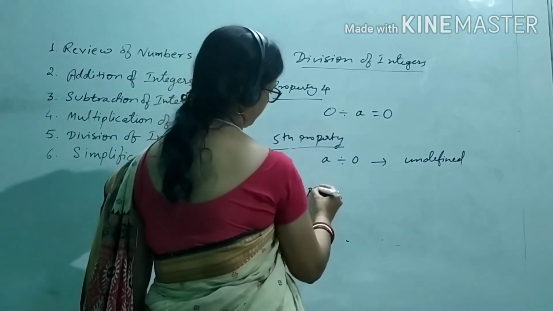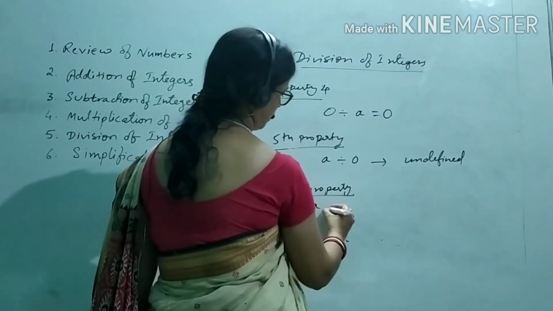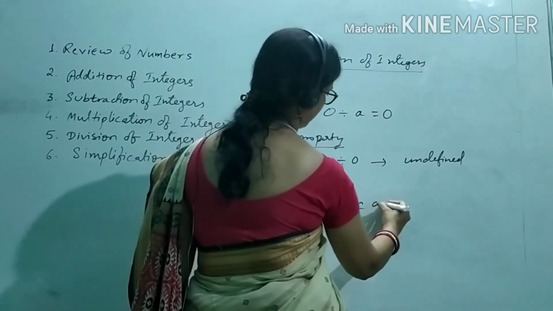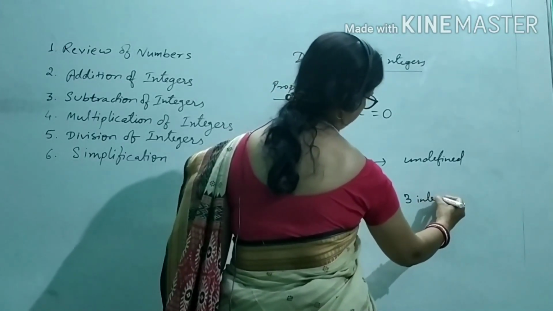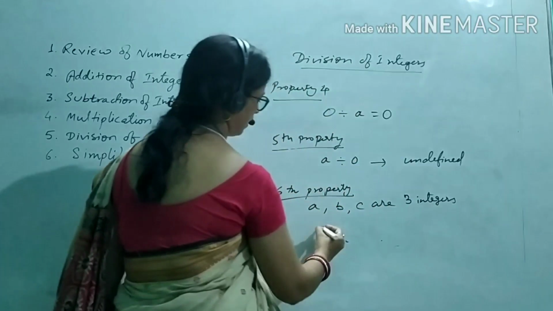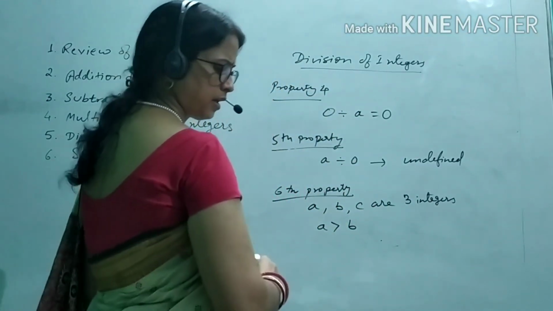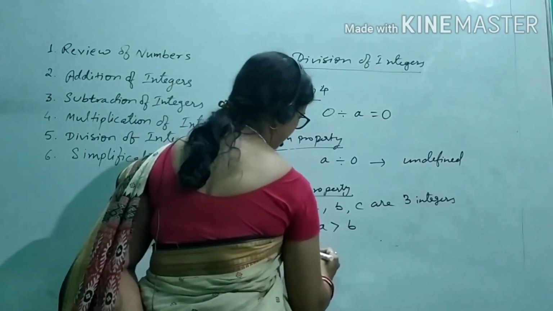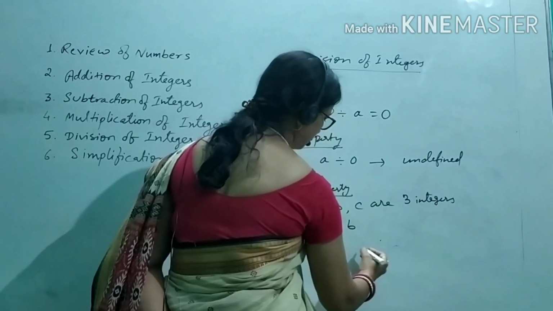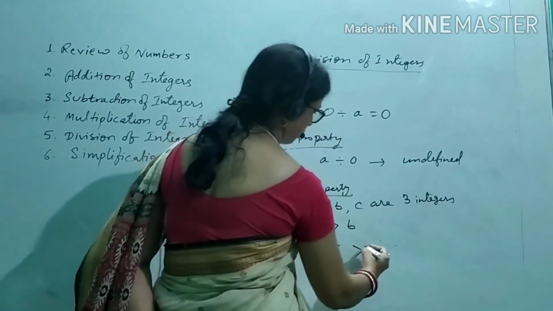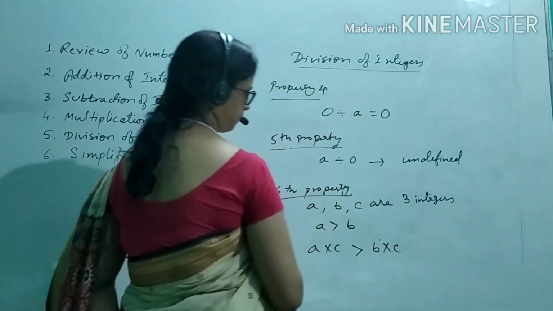Sixth property: a, b, c are 3 integers and a is greater than b. If we multiply a with c and b also with c, then a into c will always be greater than b into c.